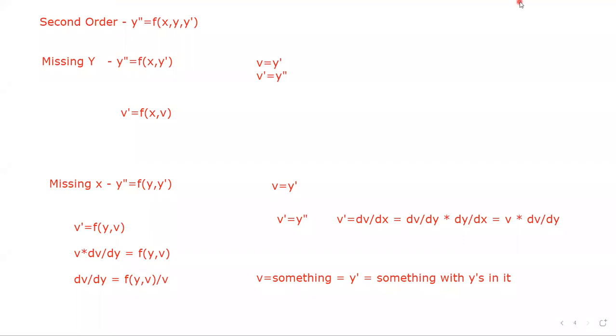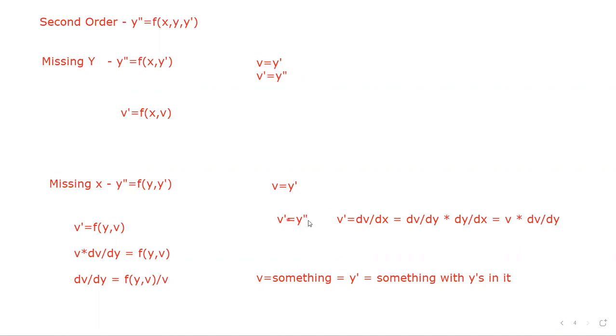Last thoughts on this. The nice thing is that no matter what you're doing, your main change is y prime equals v. And then your v prime is going to equal y double prime. Here we have x's, so you can keep it the same. Have your derivative in terms of x, so you're fine.